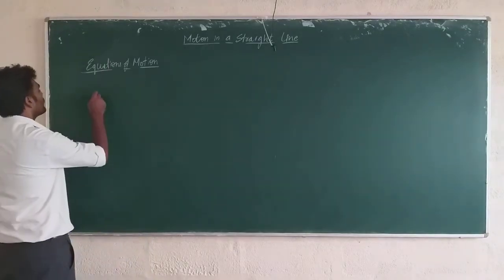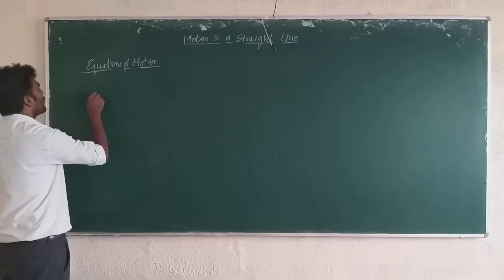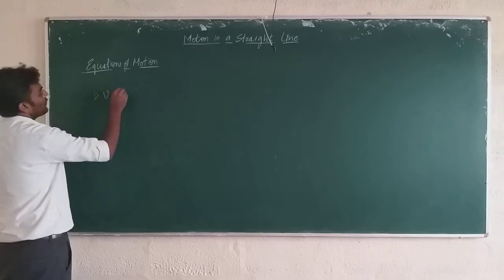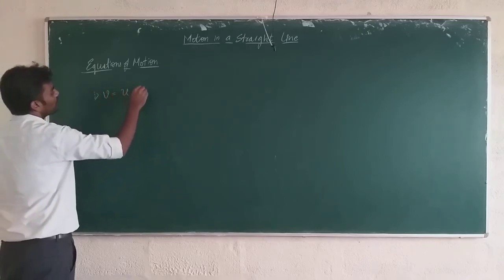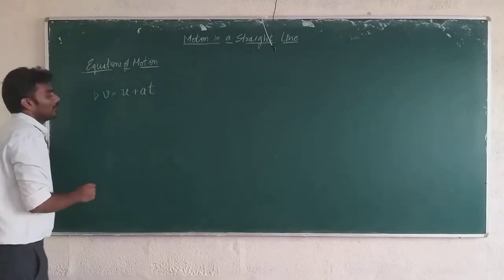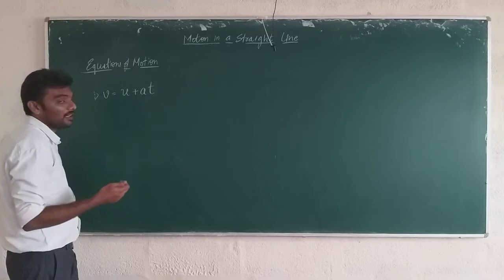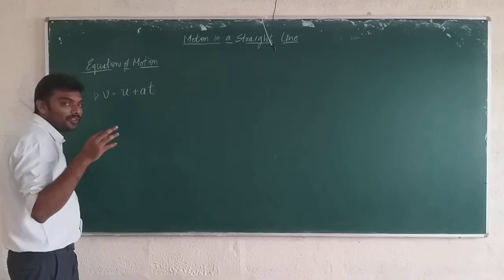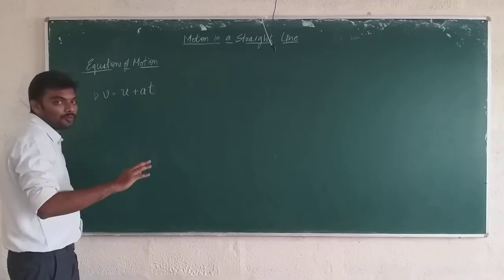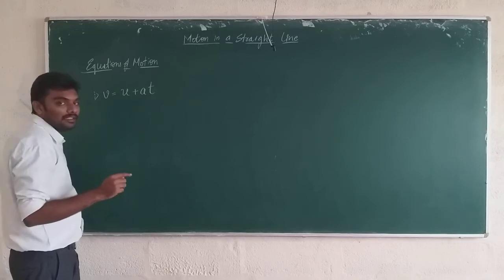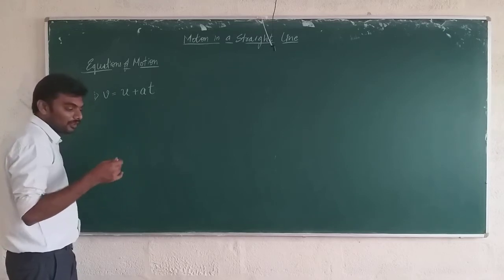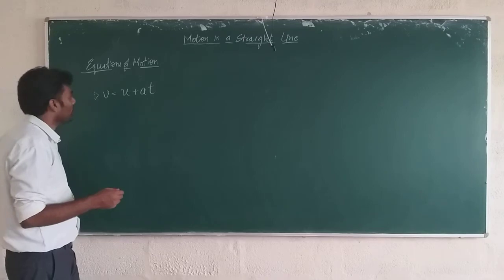So the first equation of motion is, you all know that v is equal to u plus a t. What is v? Final velocity. What is u? Initial velocity of the body. A is the acceleration which remains same throughout the motion, and t is the time taken for that motion.